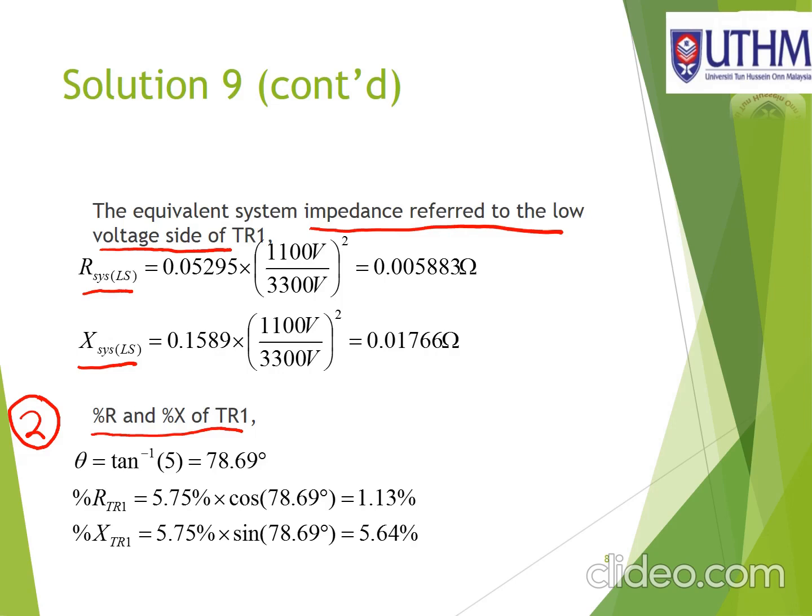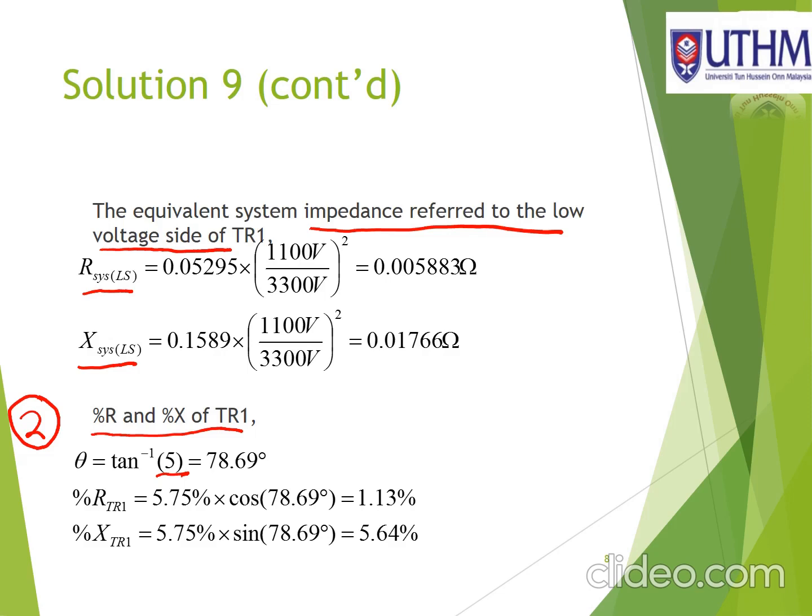First we have to calculate theta by taking the inverse tangent of the X/R ratio. Given in the question, the X/R ratio is 5. Then we get theta as 78.969.